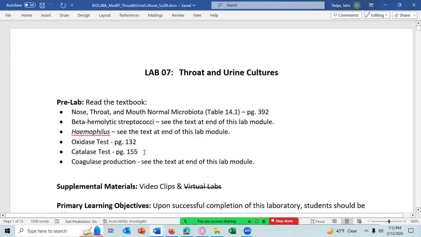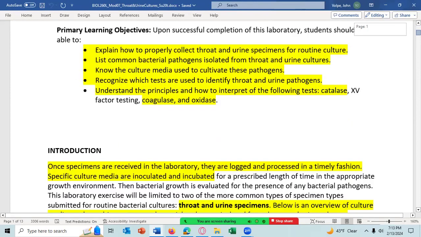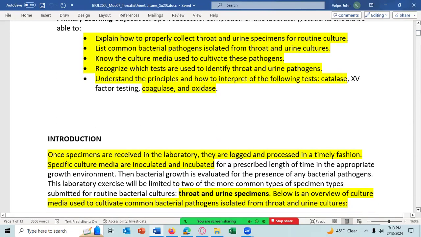And then you need to read about the coagulase test, the coagulase production. And you can see this at the end of the lab module. This lab module has an appendix, and you should read the appendix. We have some supplemental materials in this module, video clips. The virtual lab has been removed because it requires Flash, and Flash no longer works.